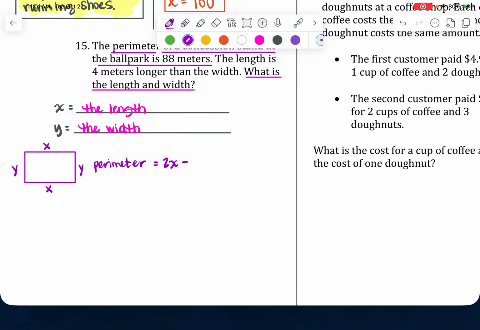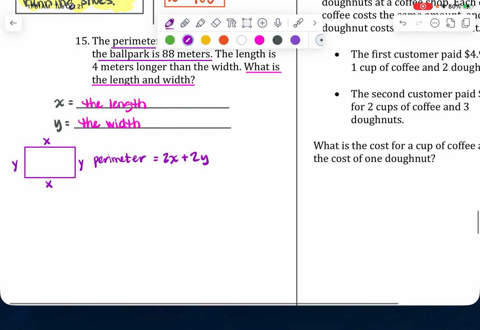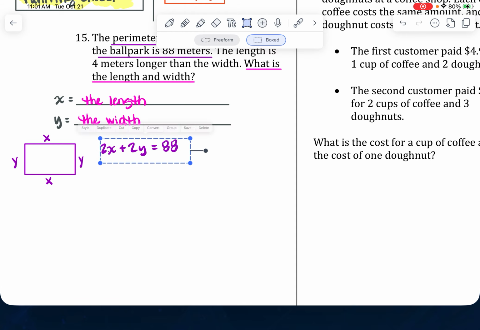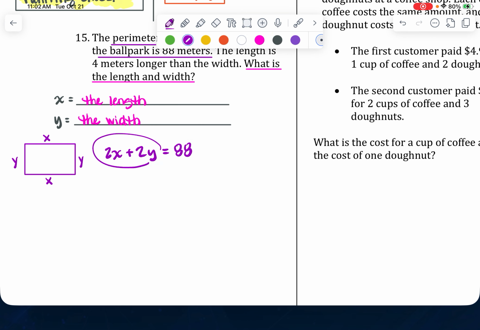But that gives me 2x plus 2y, right? That is our perimeter formula. So when it says the perimeter is 88, then you are setting that expression equal to 88. That is on you. You have to know the perimeter formula of a rectangle is 2x's plus 2y's, and I'm going to set that equal to 88.